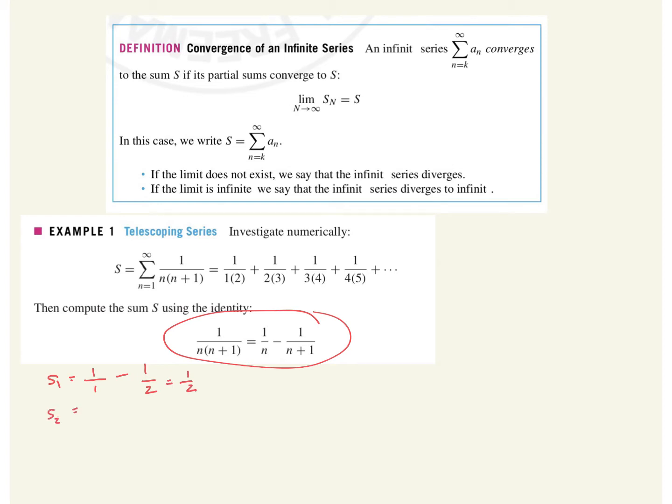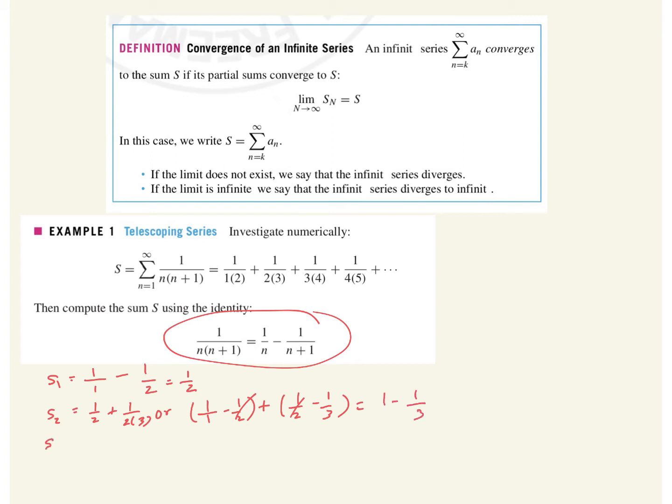S of 2 would be equal to a half plus the second term, which is most simply found by doing 1 over 2 times 3, or we can use the partial fractions here, and we would say, well, S1 was 1 over 1 minus 1 over 2, plus S2 would be 1 over 2 minus 1 over 3. And we can see that those internal fractions cancel, and this reduces to 1 minus 1 over 3.